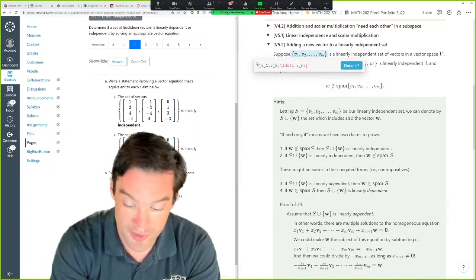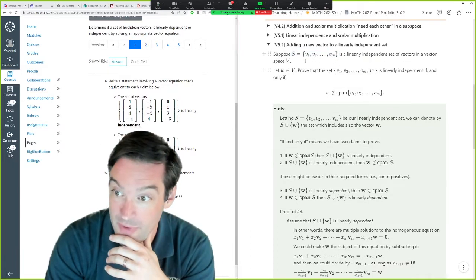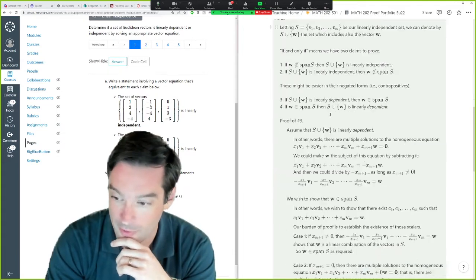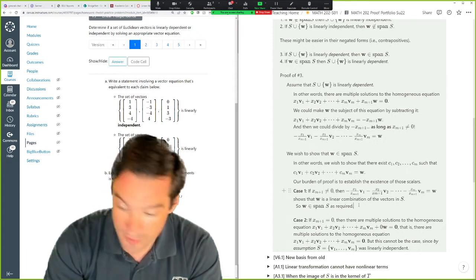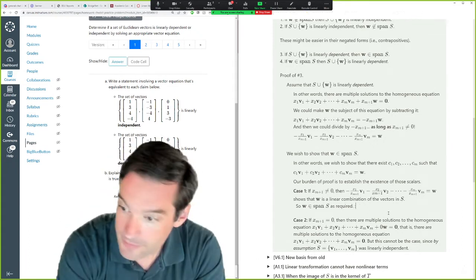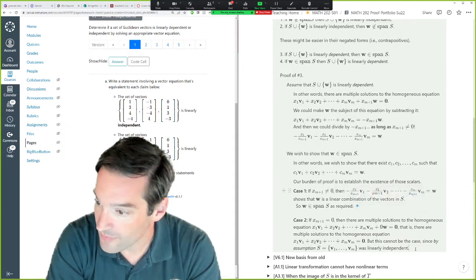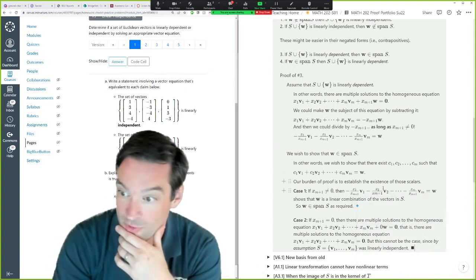Maybe I'll add S to the original statement here. So it's part of the premise of the problem that we start with a linearly independent set, and then we throw in another vector. So I think then we can put our little end of proof marks on each of those pieces.